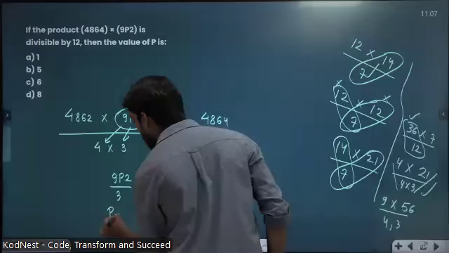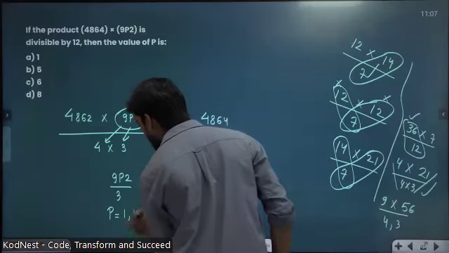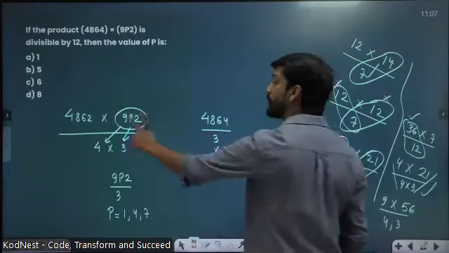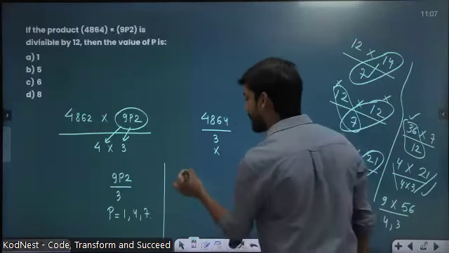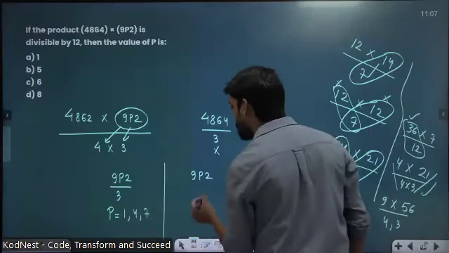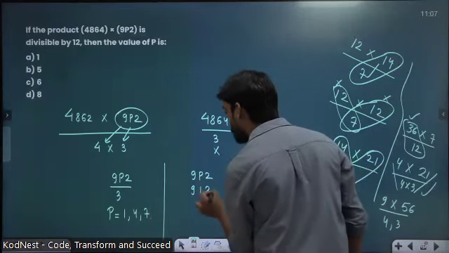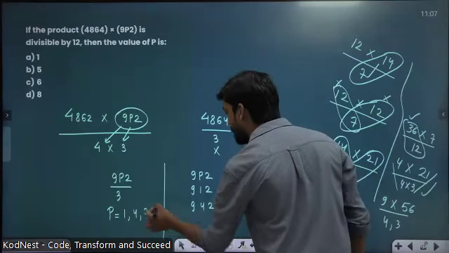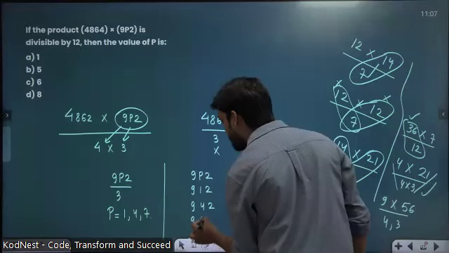We got p value 1, 4 and 7. Okay. Now I have to check with 4 also. So 9p2. If I put 147, so 912, p equal to 4 will give you 942. And if I put 7, so I will get 972.